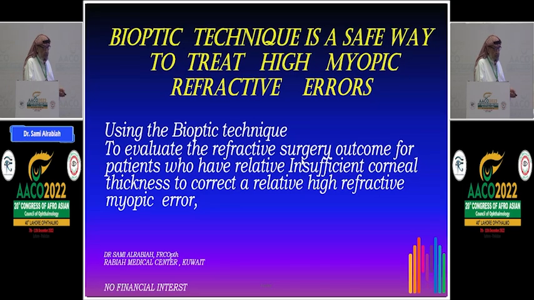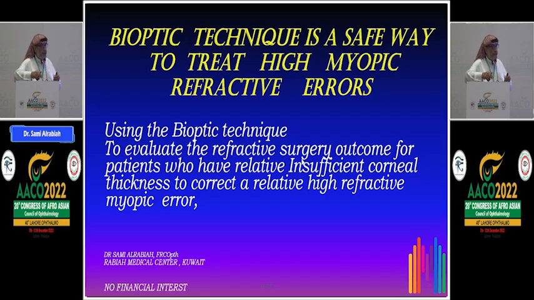Bioptic is used to evaluate the refractive surgery outcome of patients who have relatively insufficient corneal tissue for a given error. Somebody whose given error is something like 7, but his cornea is only 500. If this patient has a cornea of 550, you could do it. But if he has 500 alone, this is a problem.